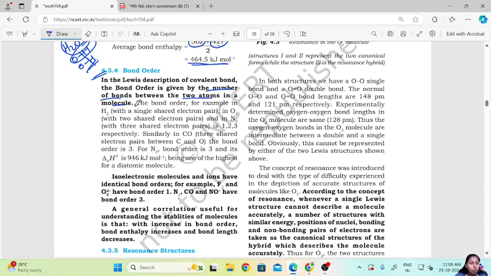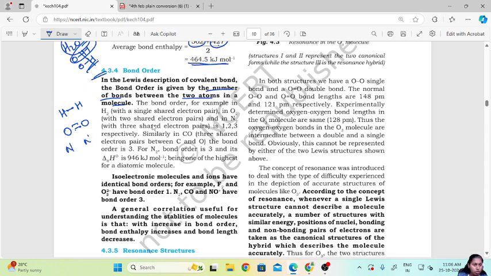Now, in O2 we have 2 shared electron pairs, and in N2 we have 3 shared electron pairs. That means in hydrogen we have 1 electron pair shared, so a single bond. For oxygen we have a total of 4 electrons involved, forming a double bond.